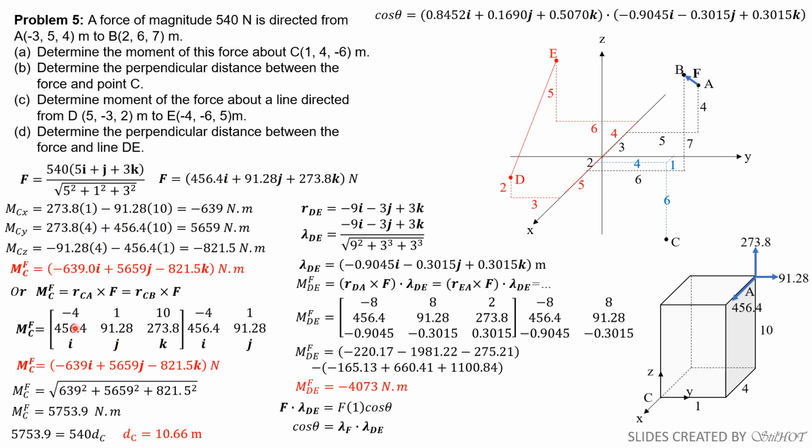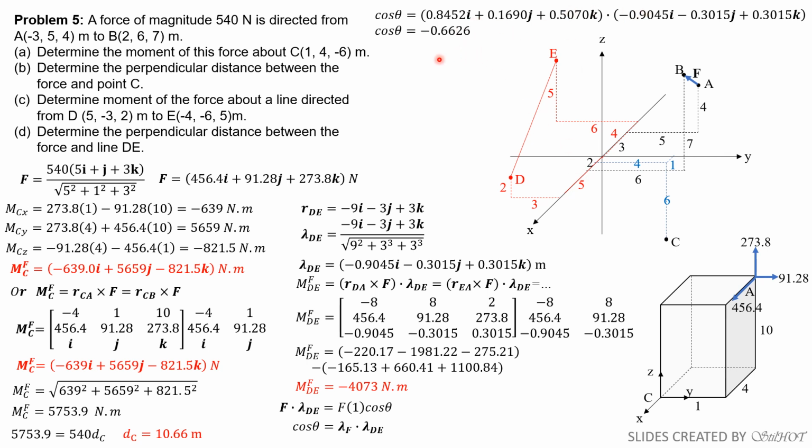These are the components of F. You divide each of these by 540, that's the unit vector of F. Then this is the unit vector of DE. Then remember that the dot product is simply the sum of the product of corresponding components.